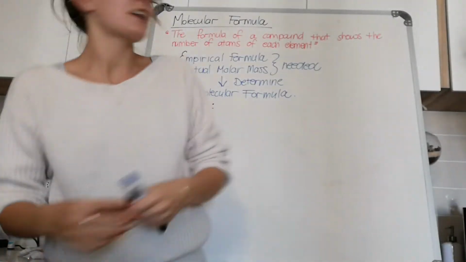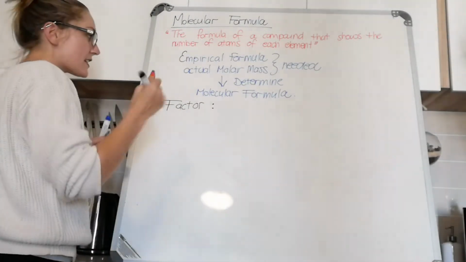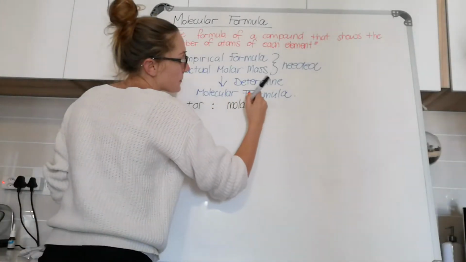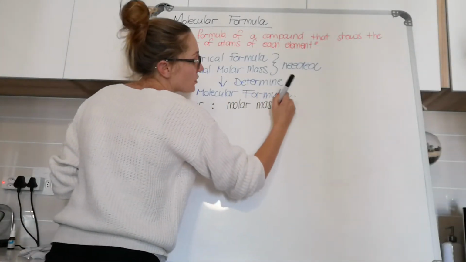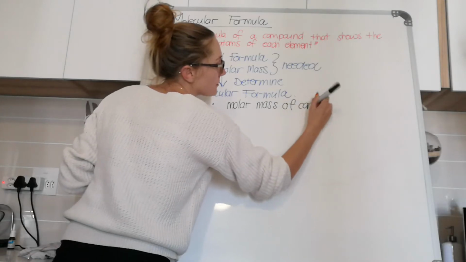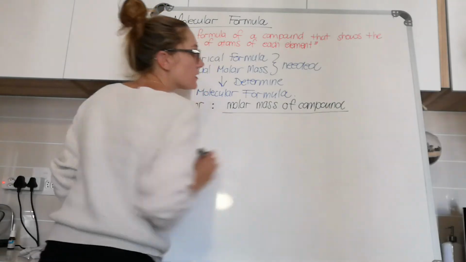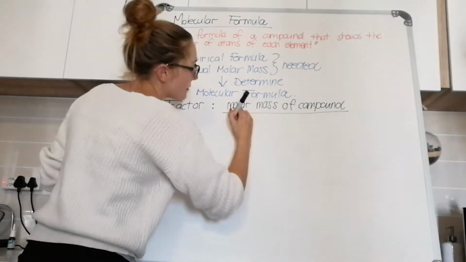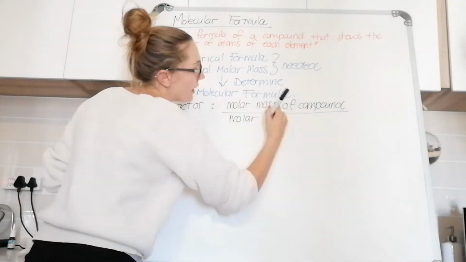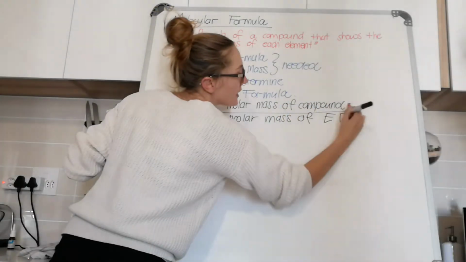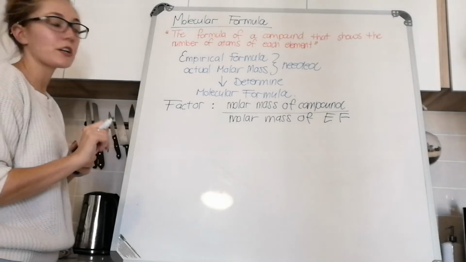Sorry about that. Okay, so our factor here, the way we determine that, is we take the molar mass of the actual compound, and we divide that by the molar mass of our empirical formula. I'm just going to use the shorthand EF for empirical formula.